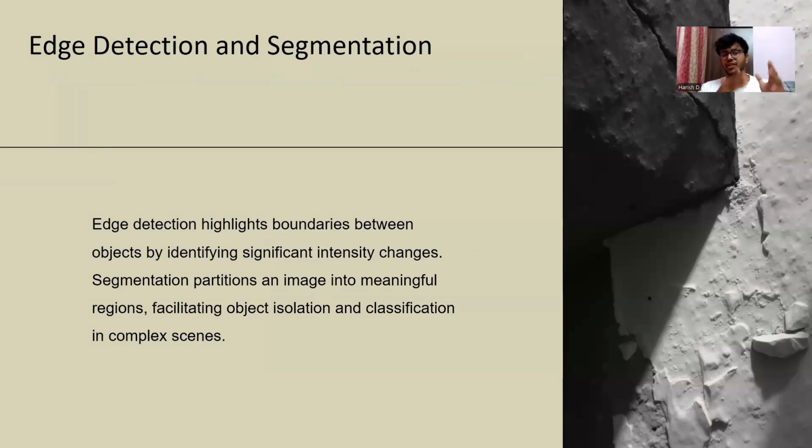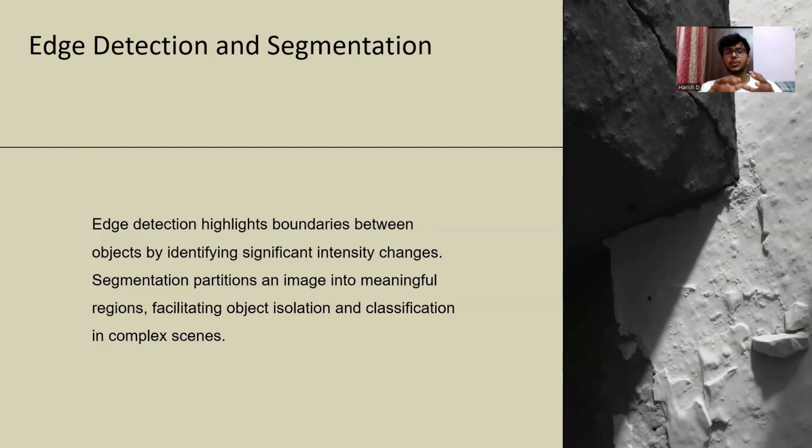In terms of edge detection and segmentation, edge detection highlights the boundaries between objects by identifying significant intensity changes. Like two different breeds of dogs, a German Shepherd and a Pomeranian, sitting near each other, and a camera captured that and converted it into a digital image. I just wanted to find which is the Pomeranian and which one is the German Shepherd.